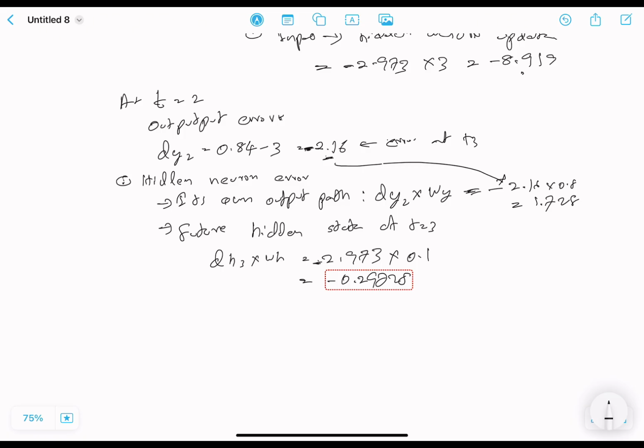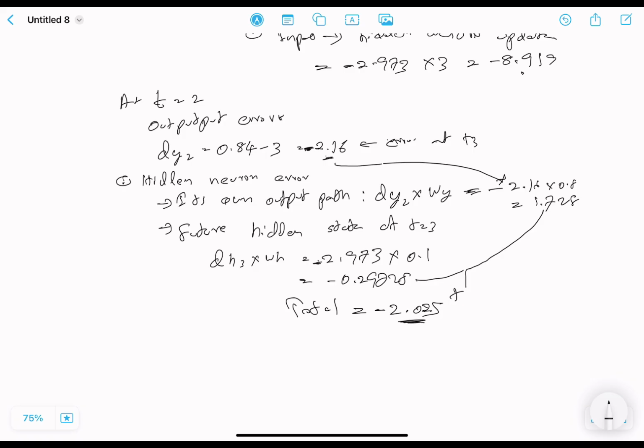Okay, now we add these two numbers. We are going to add these two numbers, right? And the total is minus 2.025. So can you tell me what this value means?